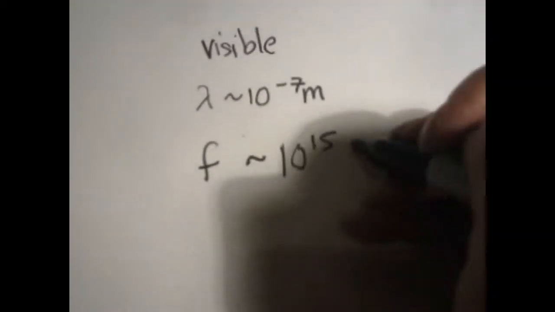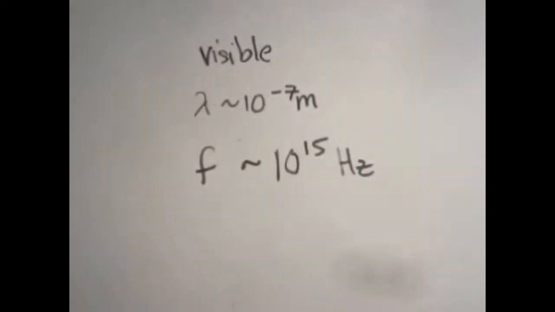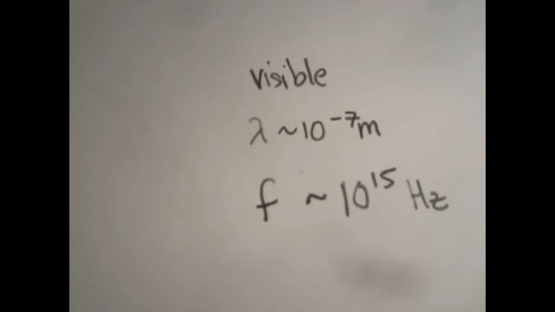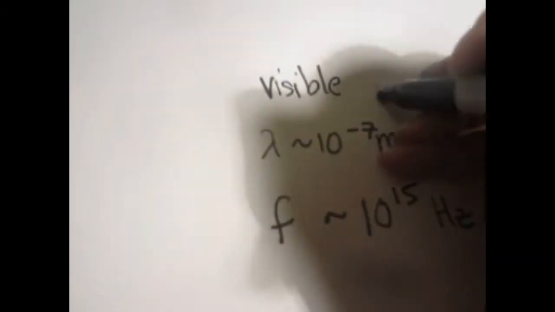Per second is hertz. The units of frequency are hertz. Visible light is all the colours of the rainbow, from red to blue.